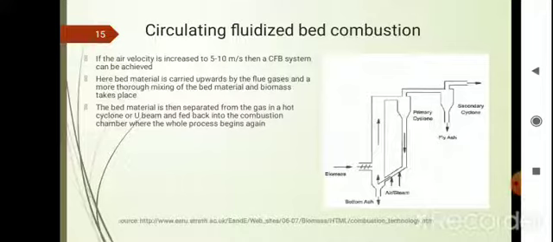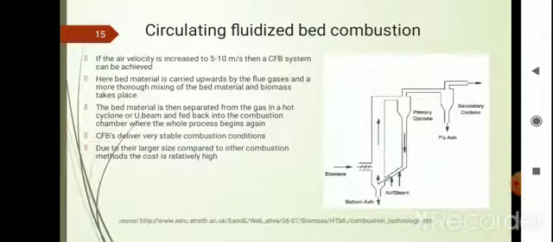You can see in this figure we are using two cyclones, a primary cyclone and a secondary cyclone. The primary cyclone is used for returning the bed material into the combustion system, and the secondary cyclone is used for removing the fly ash. But this has good combustion characteristics, and it is large in size compared to other combustion methods.